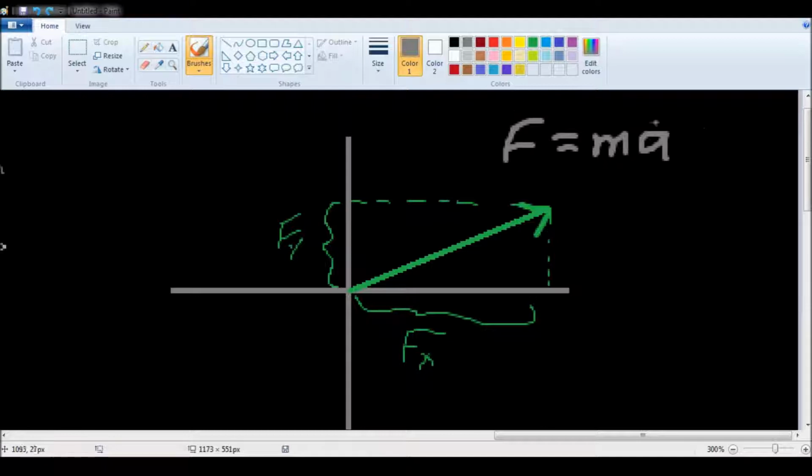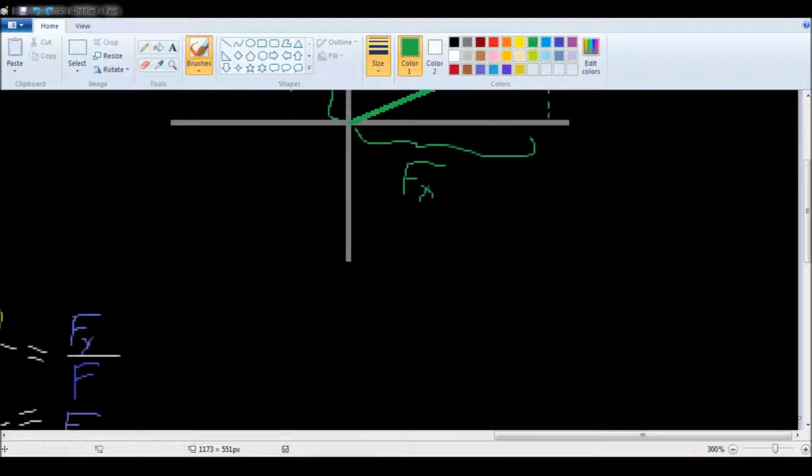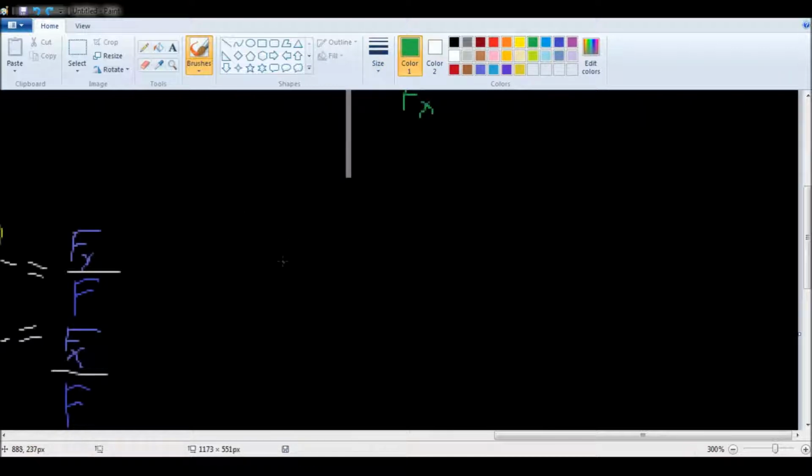So now we can plug those into this equation. So let's start with f of x. So we'll get f sub x is equal to a mass times our acceleration in the x direction. So, ooh, that's Christmas colors right there.